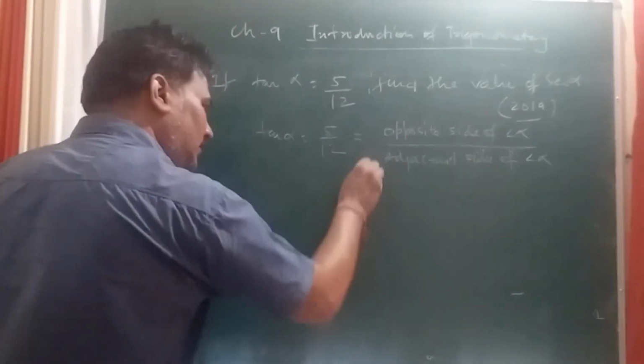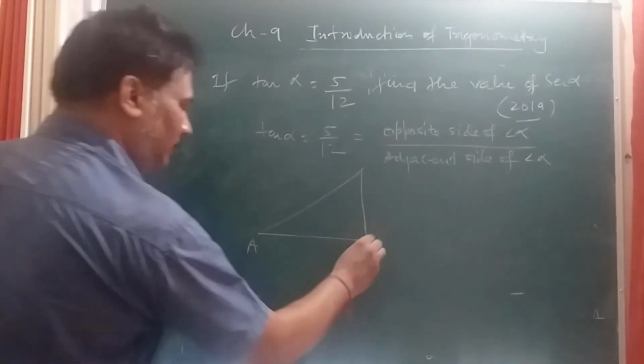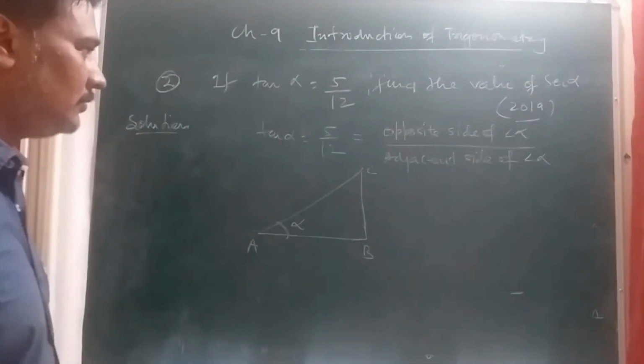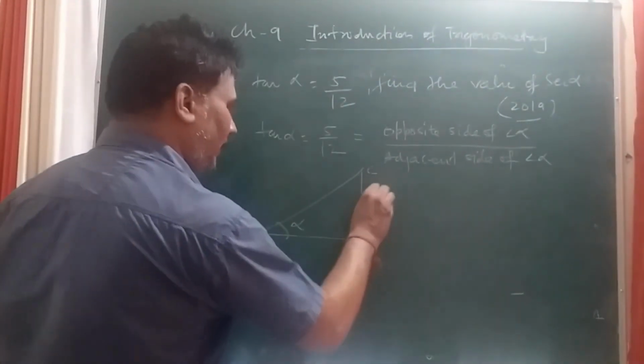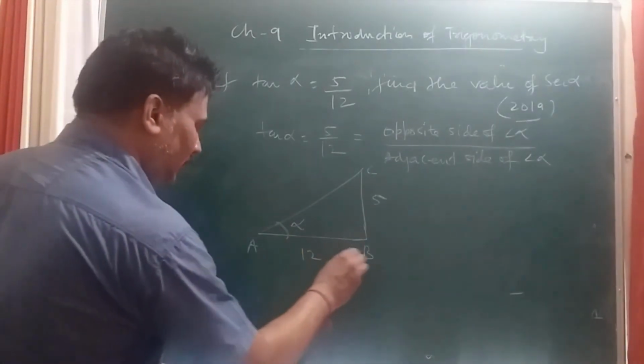You have to first make a right triangle ABC, where angle A is equal to alpha and opposite side of angle alpha is 5 and adjacent side of angle alpha is 12.